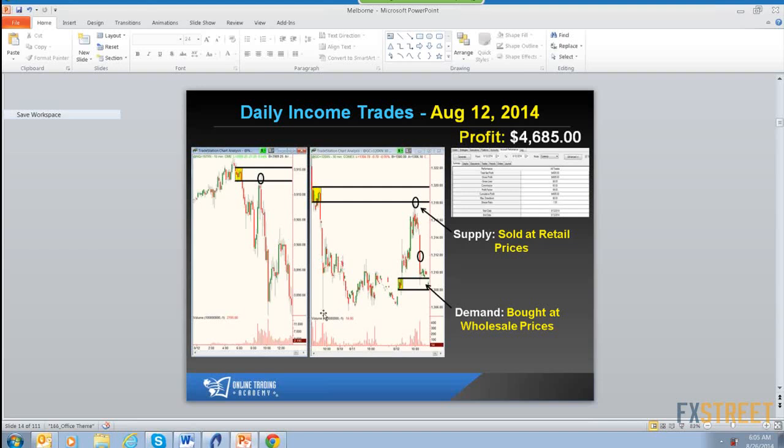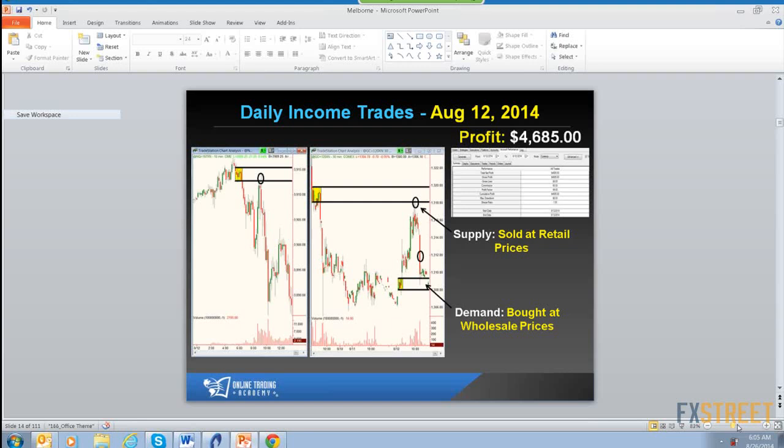Next, we know that price traded all the way down. Let me try to make this chart a little bit bigger. Is that better? We see the price traded all the way down to 1306. So when we see that, what do we know about the demand side? We just want to figure out where banks are buying and where banks are selling.